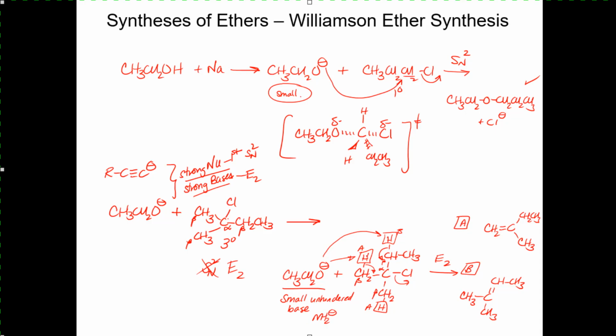And so therefore, it's going to be able to equally get at HA and HB. Well, which one is it going to deprotonate the most? It's going to form the most stable alkene, the most stable product, which again is the most substituted alkene. So B would be the major product of this reaction.